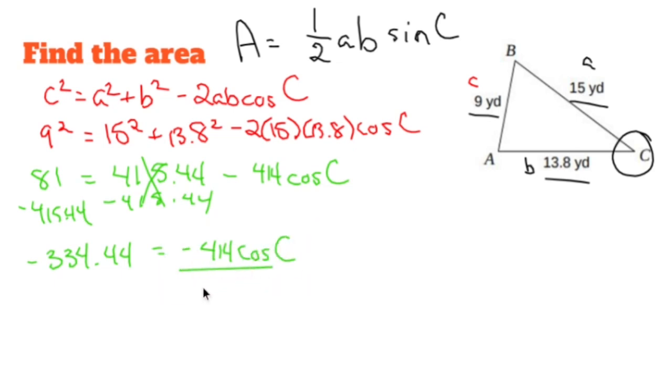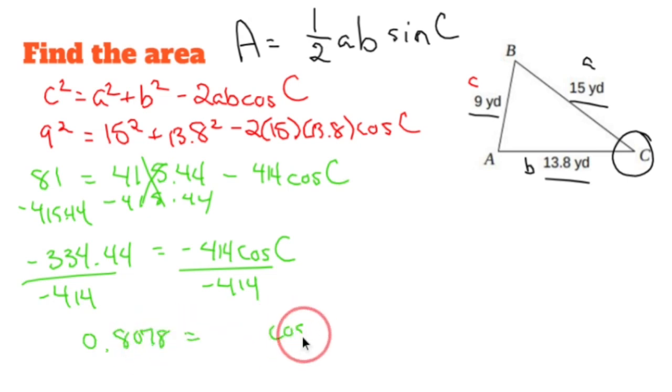Let's get rid of negative 414 by dividing it out. And again, let me just do this off the cuff. That gives me positive 0.8078 is going to equal cos C. Why all the space, you ask?